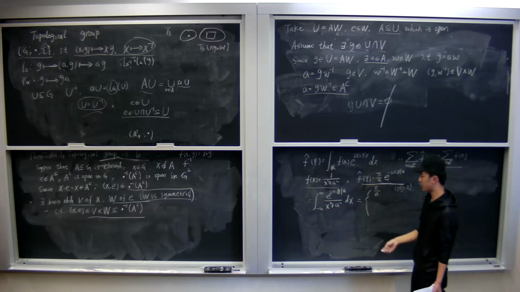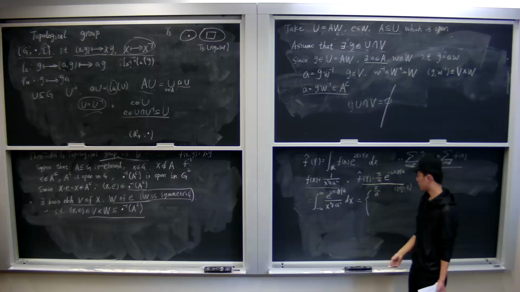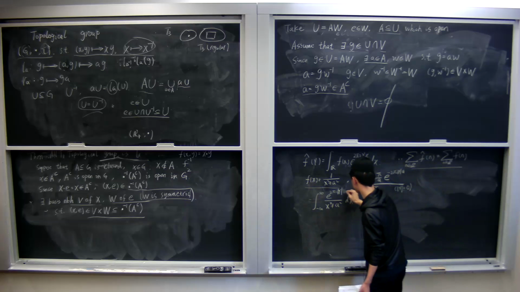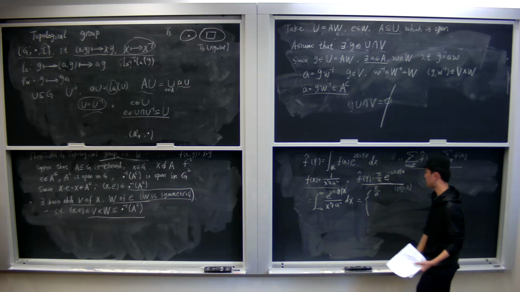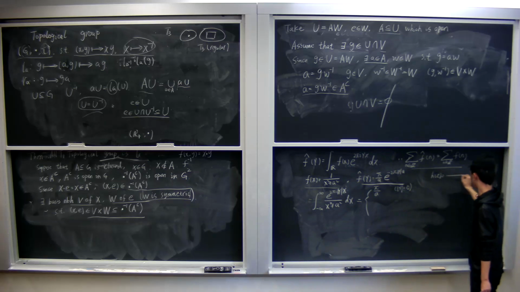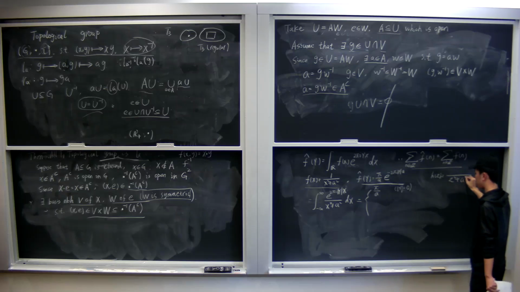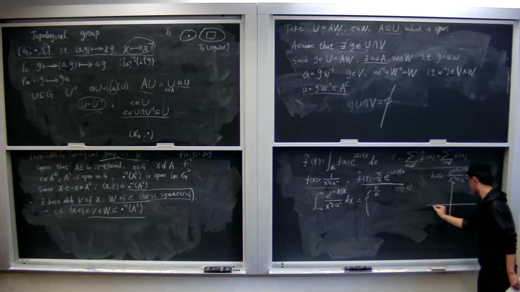And if gamma is not 0, then absolute gamma is positive. Then we can just let h(z) equal e to the 2 pi i gamma z over z squared plus a squared, and we integrate on that.